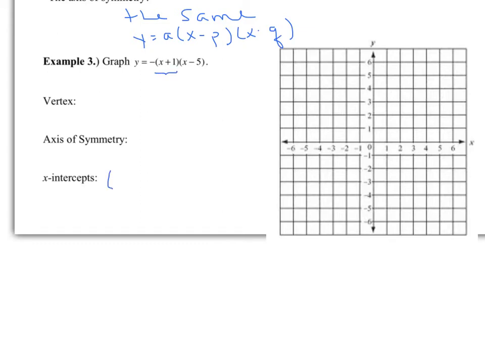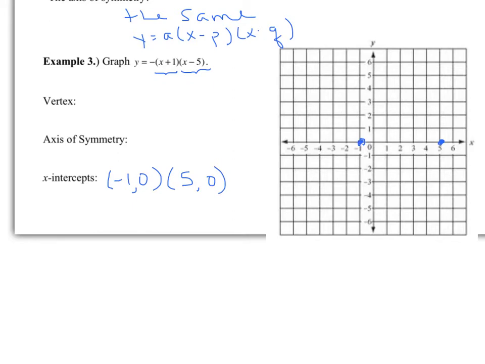So one of our x-intercepts is -1, 0. And then from the second factor here, it says x minus q, x minus 5, so our x-intercept is 5, 0. I'm going to go ahead and plot those points on my x-axis, 5 and -1.